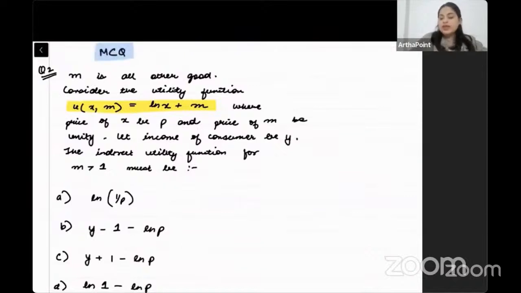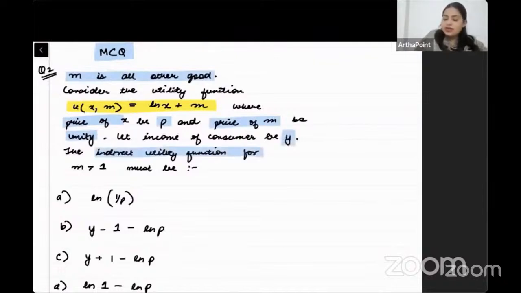You are given that the utility function is ln x plus m. The price of good X is P and the price of good M is unity. M is all other goods; M is the numeraire good. And the income of the consumer is Y. You have to tell what will be the indirect utility function. The condition given to you is that M should be greater than 1.